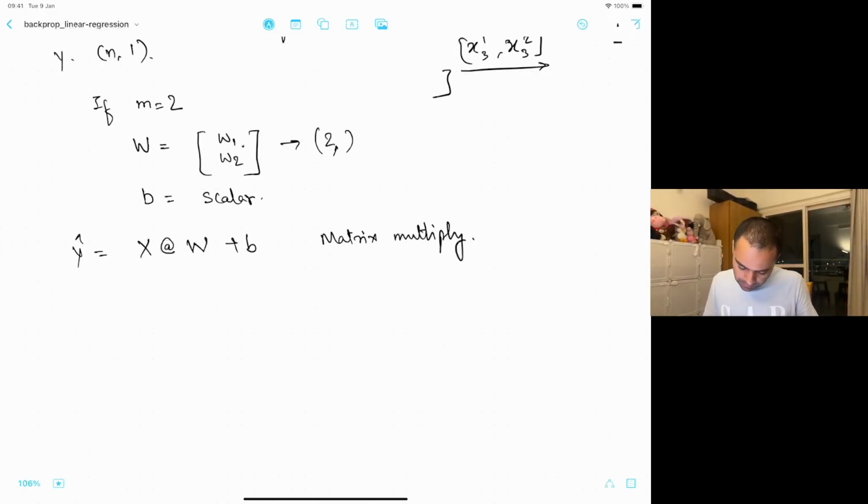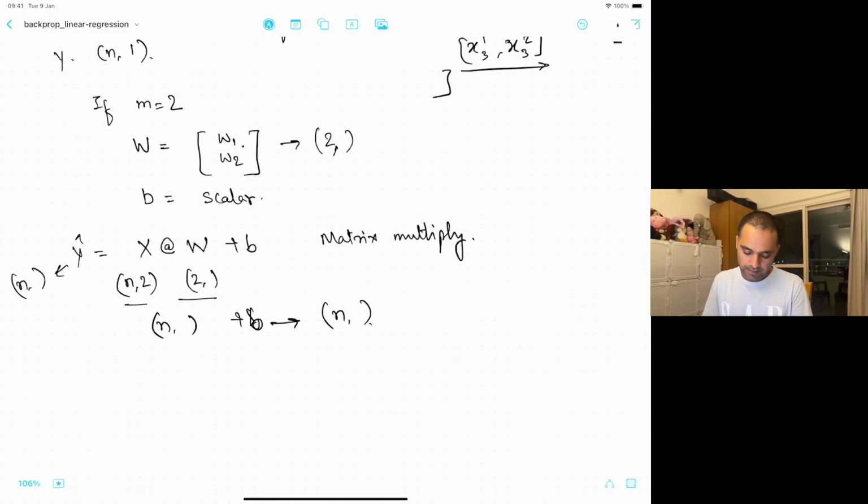Here x has shape n by 2 and W has shape 2, so the matrix multiply gives a vector of length n, and when you add b to it, it broadcasts. So finally you get a y hat that is a vector of length n.